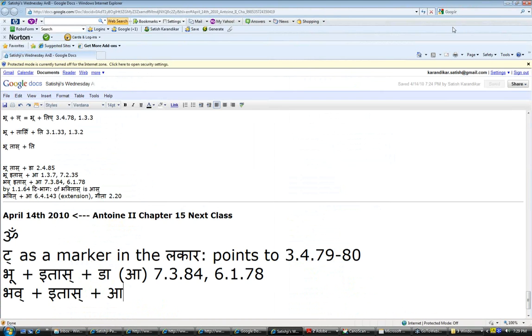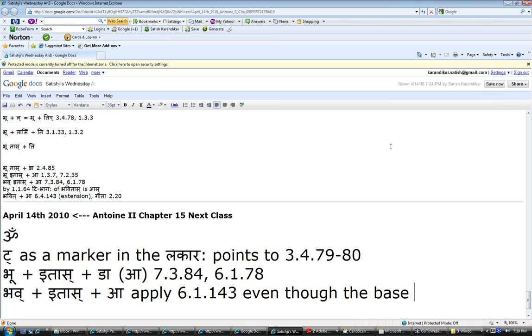So this is where we were last time; this is just catching up. We apply 6.1.143 with the extension, even though the base does not have bhasanya.